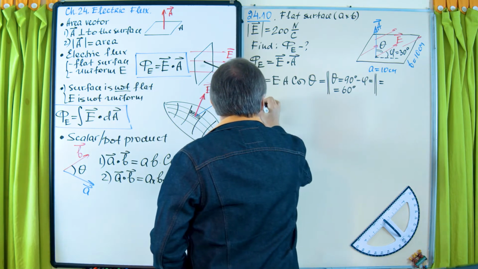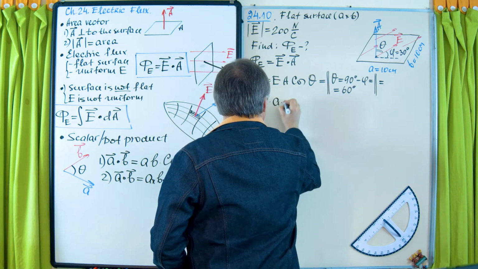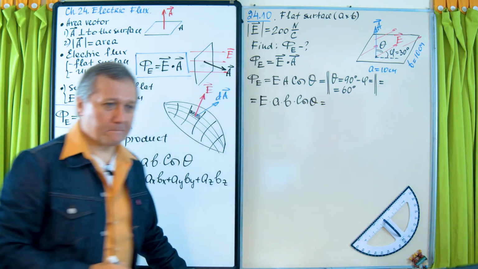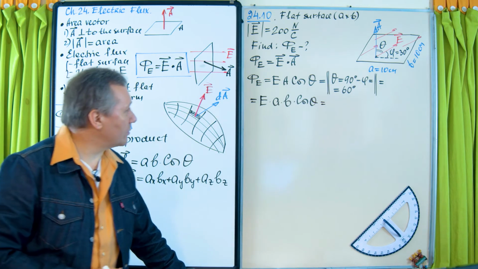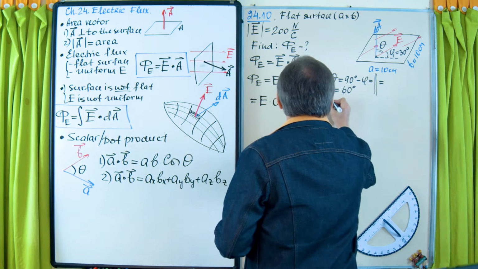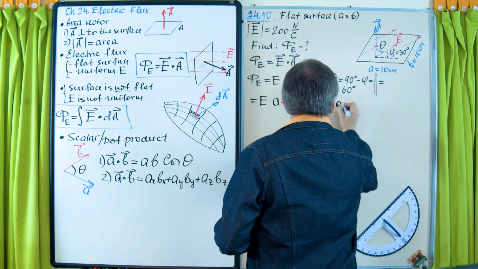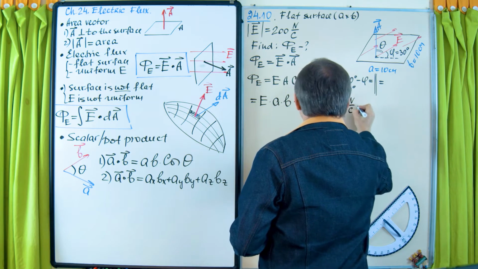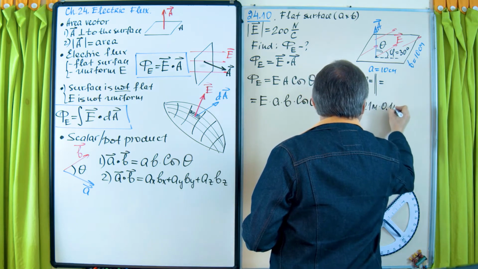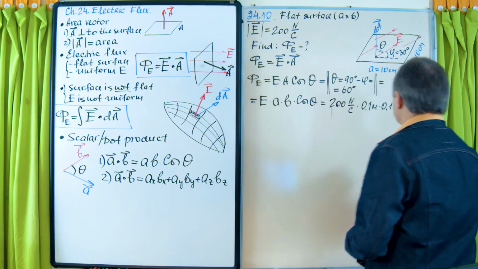So we can write the electric field, and then area A times B times cosine of theta. Now let me plug numbers in to emphasize that you should use meters, not centimeters. So it will be 200 newtons per coulomb times 0.1 meters times 0.1 meters times cosine of 60 degrees.